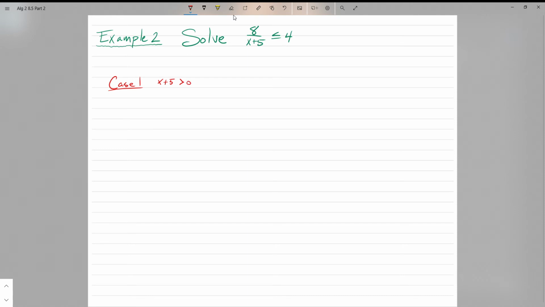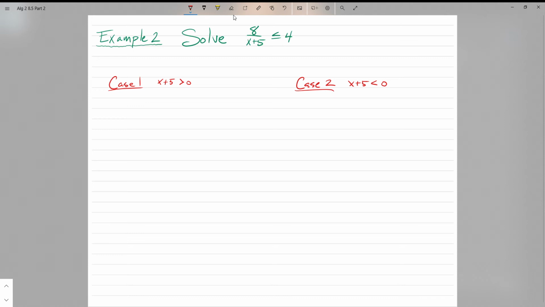Awesome. Case 2 is if our denominator is negative. And you don't have to write greater than 0 or less than 0. You could write the words positive and negative, however you want to do it.